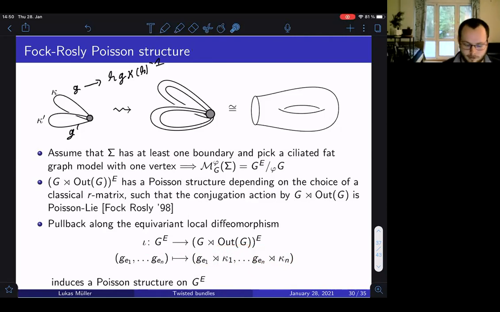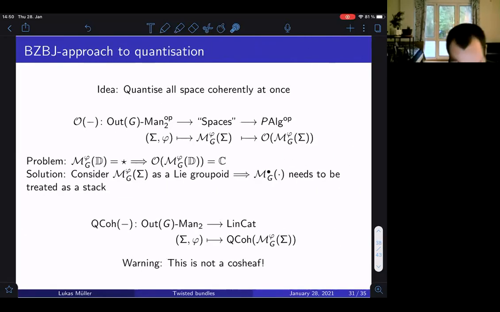And now I want to talk in the last few minutes about how to quantize them, or one approach to constructing a quantization for these spaces, which follows the work of Ben-Zvi, Brochier, and Jordan. So the idea here is not to pick a specific space and construct a quantization.